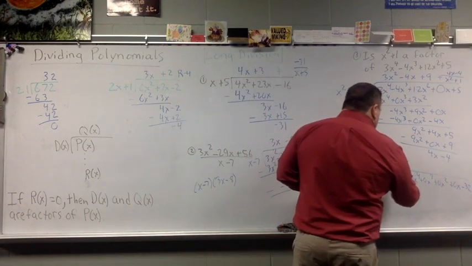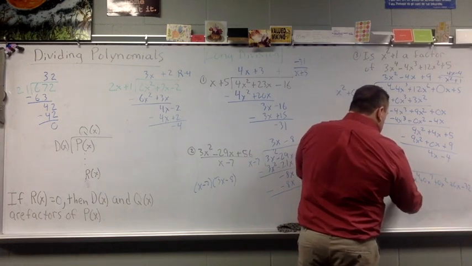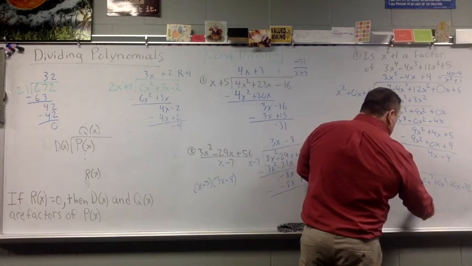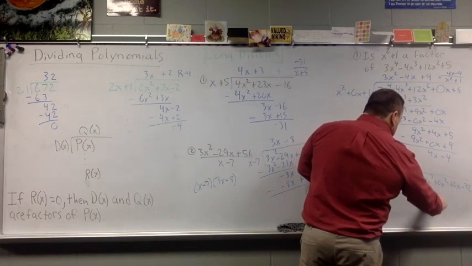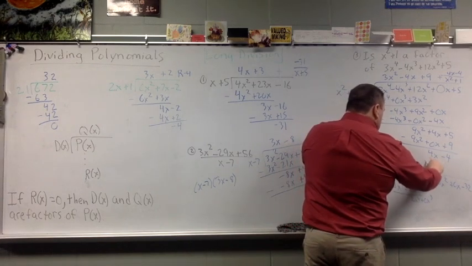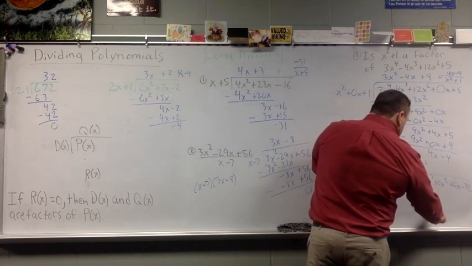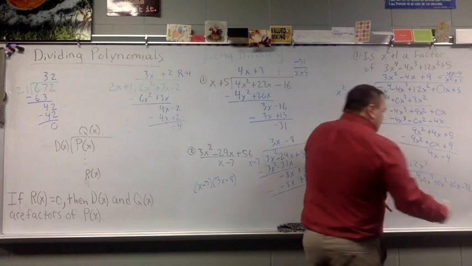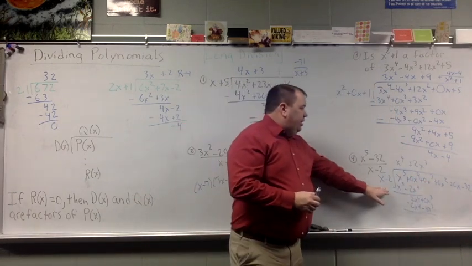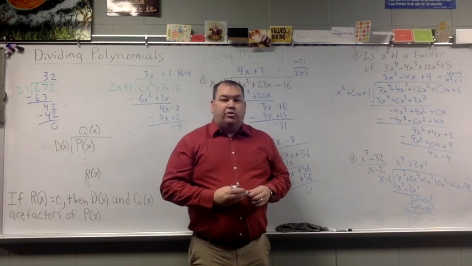We're dividing by x minus 2. I need a 2x cubed and I would continue this process to see if this works out. I will let you in on a little secret. This does work out, so I will leave this one for you to try on your own.